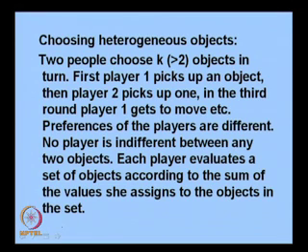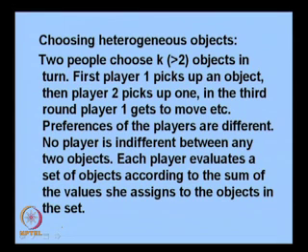Preferences of the players are different, so they are not ranking the objects in the same manner. No player is indifferent between any 2 objects, so there is no indifference between the objects. Each player evaluates a set of objects according to the sum of the values she assigns to the objects in the set.